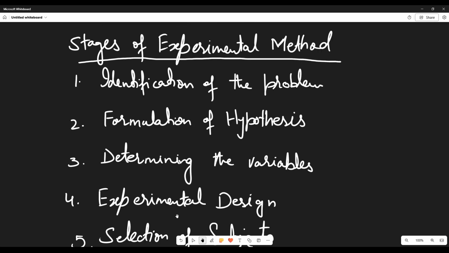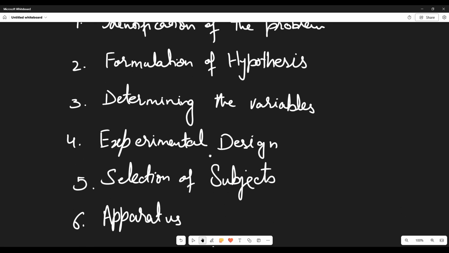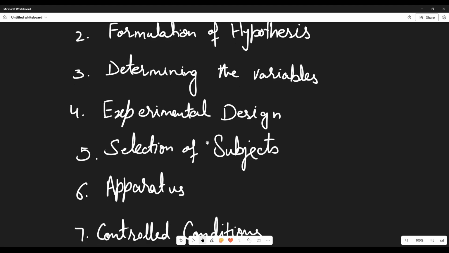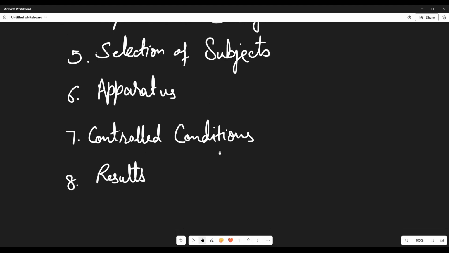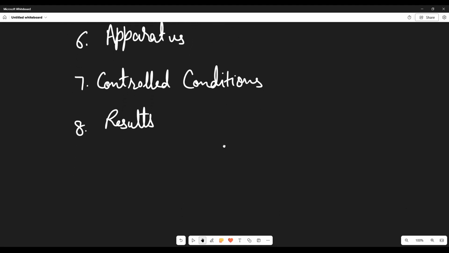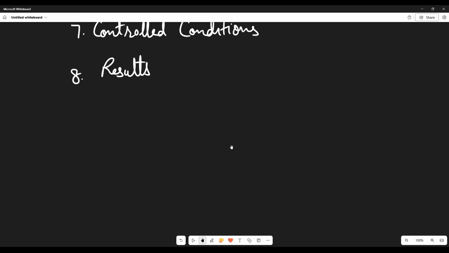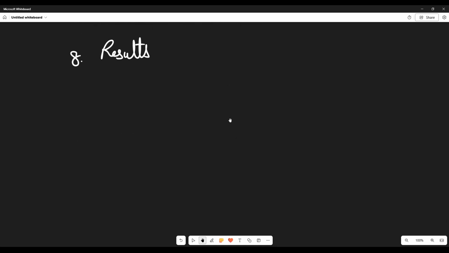These stages are: number one, identification of the problem; number two, formulation of hypothesis; number three, determining the variables; the fourth stage is to determine the experimental design; then subjects are selected, apparatus is determined, and conditions are controlled, and at the end results are reported and recorded. So now we shall study them one by one in detail.